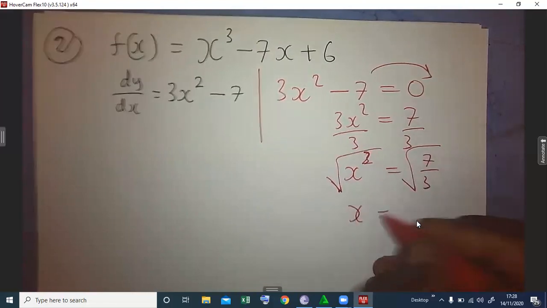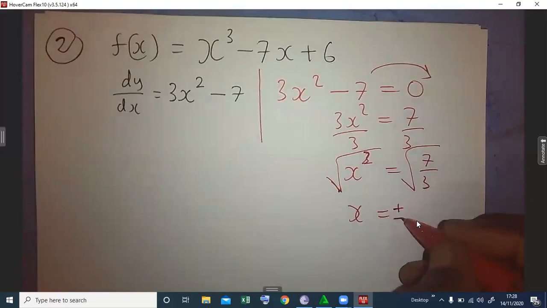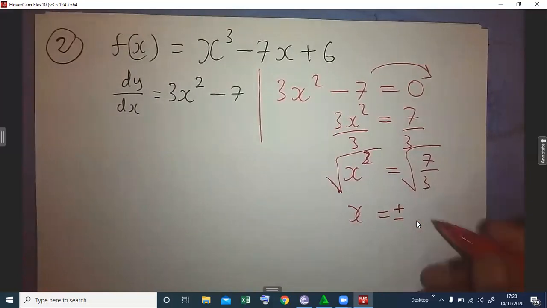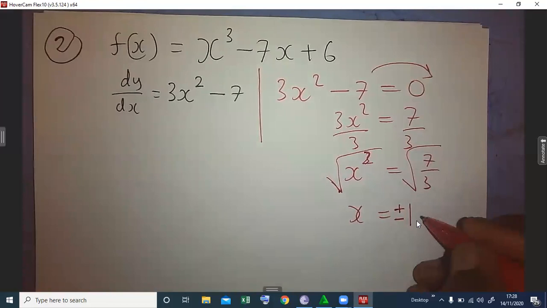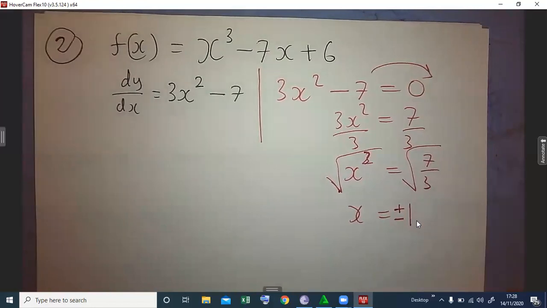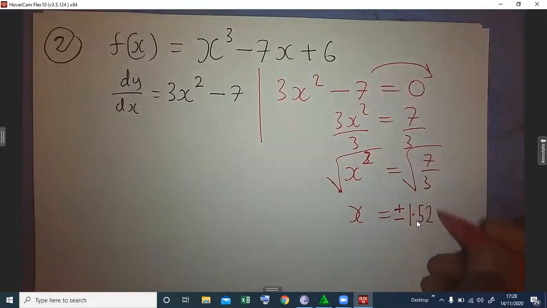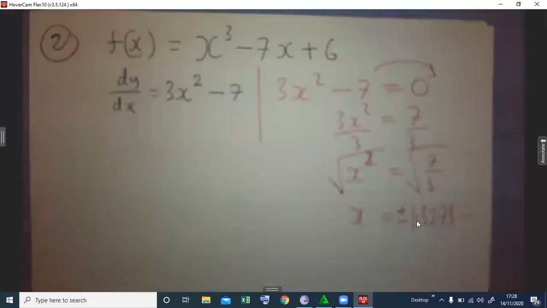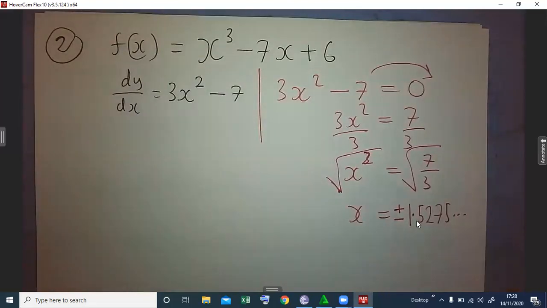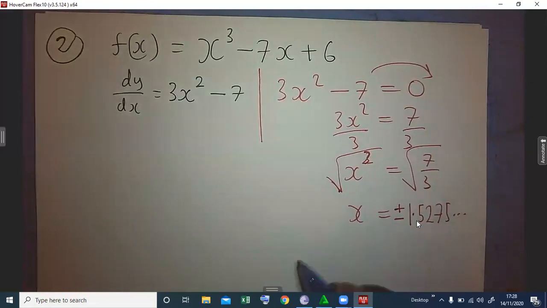I get my x is equal to plus or minus the square root of 7 over 3, because this will give me a decimal answer, 1.5275 etc. according to the calculator values. So this tells me I have got two values of x. I'll write them down.